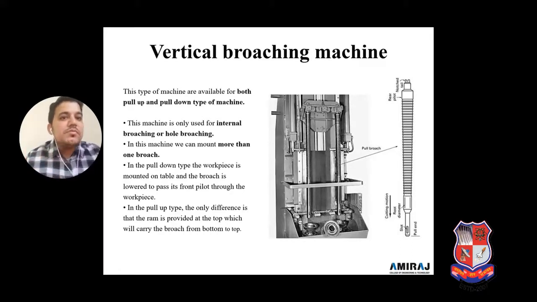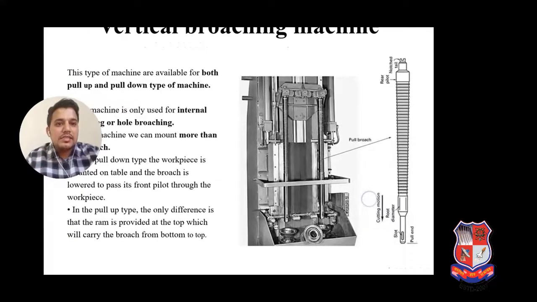In this machine we can mount more than one broach, as we learned in gang milling and all this, we can provide a number of broach tools within one machine. In this pull down type, the workpiece is mounted on the table and the broach is lowered to pass through it.